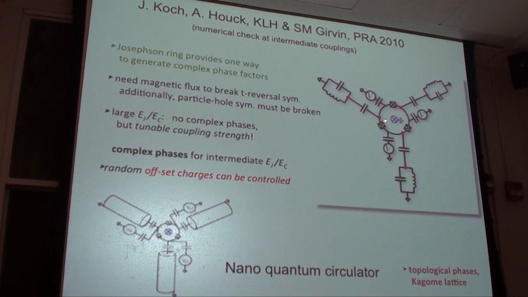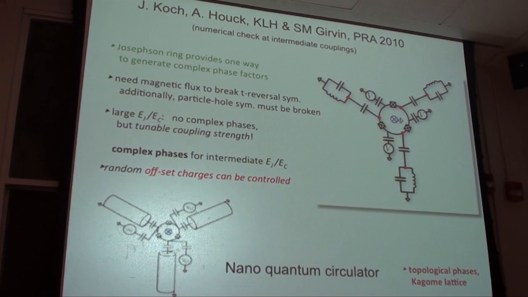And if you apply a flux, the Cooper pairs feel the flux. They are charged, so they start to move. Our main idea is to integrate out the ring and prove that it can generate a hopping for photons that would be accompanied with a complex phase, which can be tuned with phi, the flux.